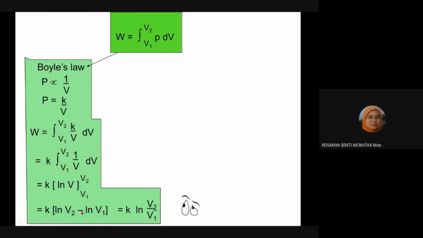Log rule for minus becomes log V2 per V1. Minus is division. If plus you multiply, but this one is minus, so K ln V2 divided by V1. Then we divide into 3 cases: compression and expansion, and where the volume does not change.